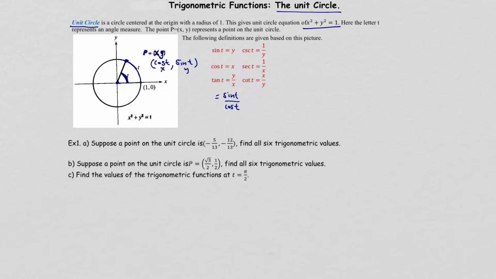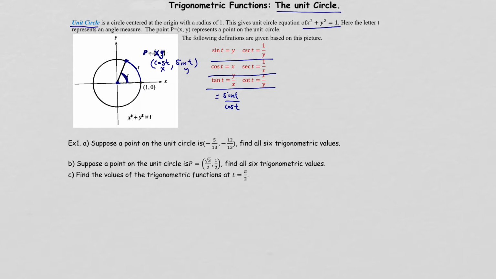Cosecant is going to be 1 over y, which is related to sine t. And secant is going to be 1 over x, which is related to cosine t. Cotangent is x over y, which is the reciprocal of tangent.